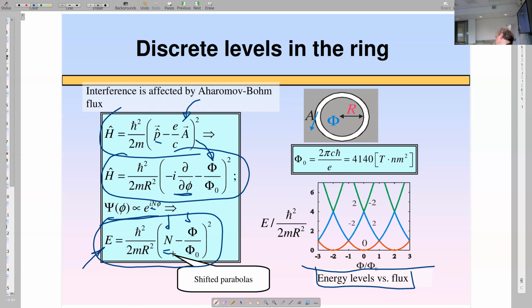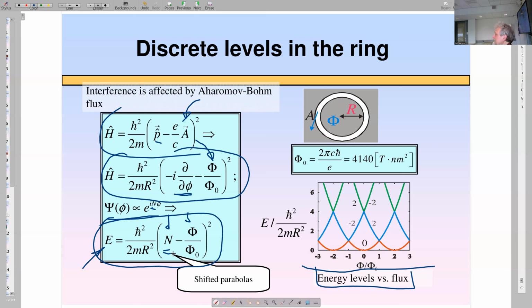So for spherical symmetry, we have angular momentum quantization, which gives you different orbitals in atoms: S, P, F, D, and so on. Here we have only one rotation axis, but that's fine.